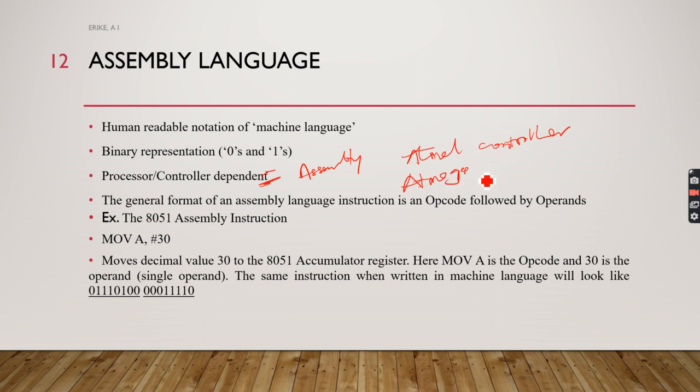So if you really want to major in writing assembly language, you are going to have to know everything about each and every controller you want to use in your project. So it is processor and controller dependent. An assembly language program written for one processor or controller family will not work with other assembly language families.